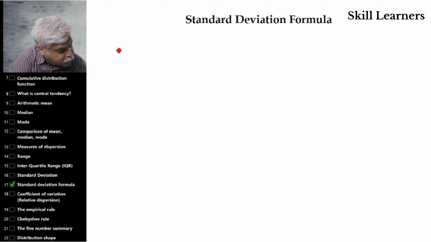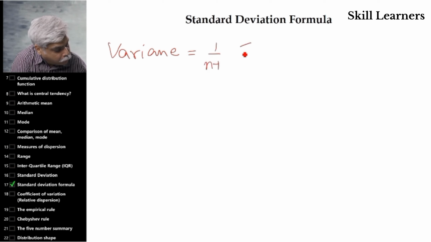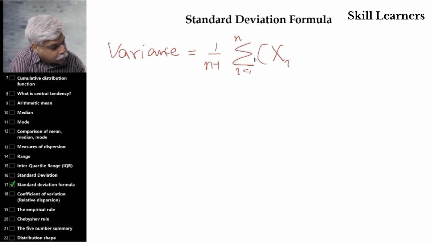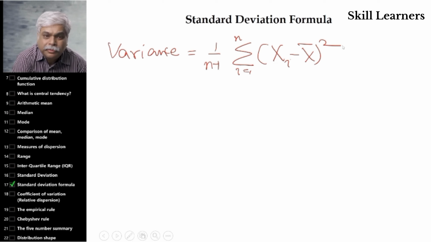So the variance is equal to an average of squares from the mean.